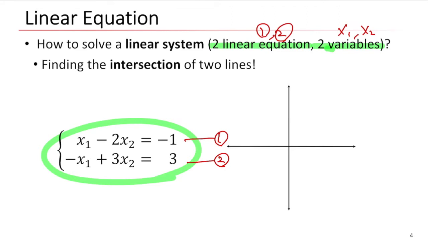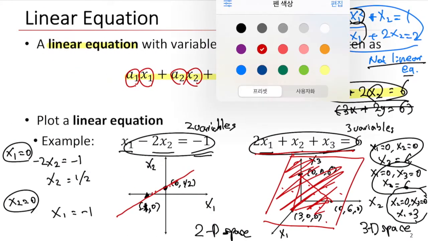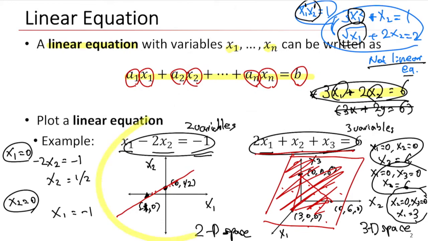So how to solve this linear system? The easiest way is to find the intersection of the two lines that represent each equation. So how can you draw this? Do you remember this?